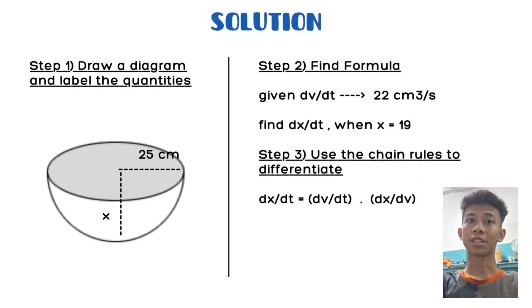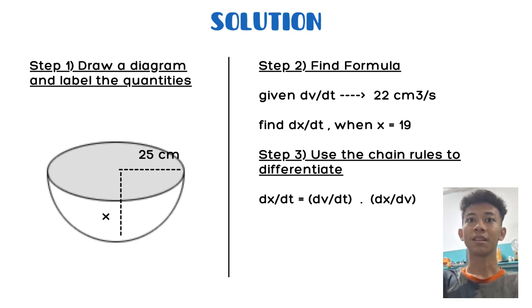Solution. Step 1. Draw a diagram and label the quantities. Step 2. Find formula. Given dV over dt is 22 cm cubed per second. Find dx over dt when x equals 19.